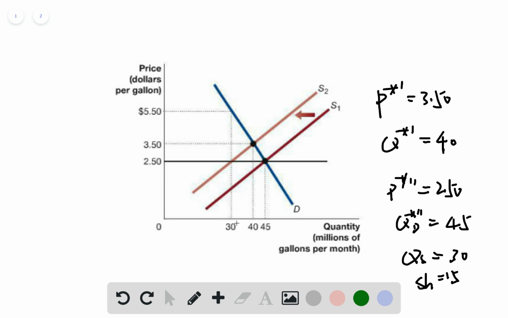Okay, and the price of gas is raised to the maximum that consumers are willing to pay. So that means at a quantity of 30, consumers are actually willing to pay 550. So the price ceiling equals 250, set by the government.